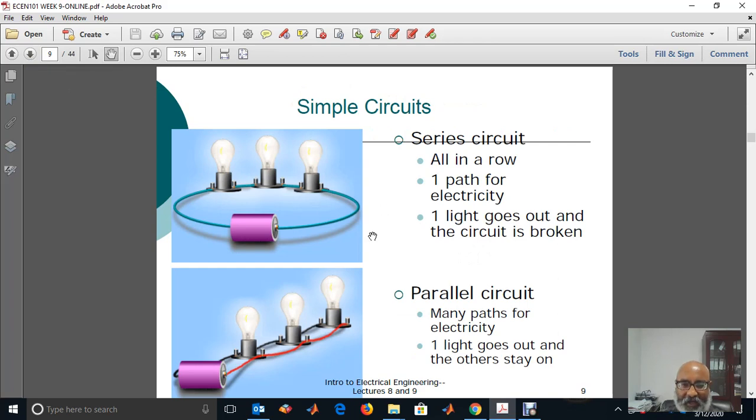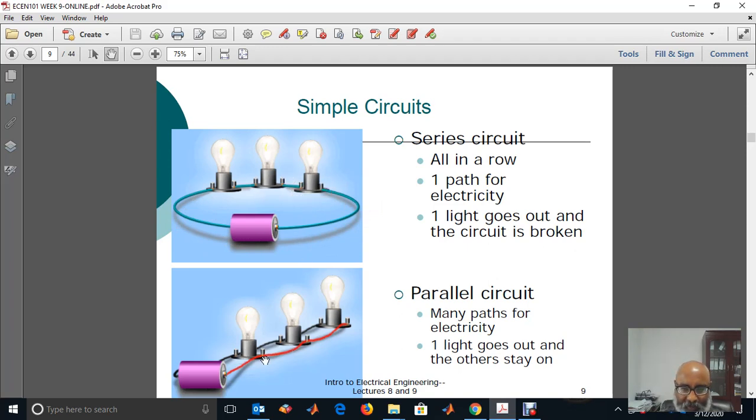Series and parallel circuits. We have here a series circuit, a battery connected to 3 lamps. In a series circuit, the same current flows in the closed path. If the circuit is broken at one point, then there will not be current through the circuit. That means all the lamps will be off.